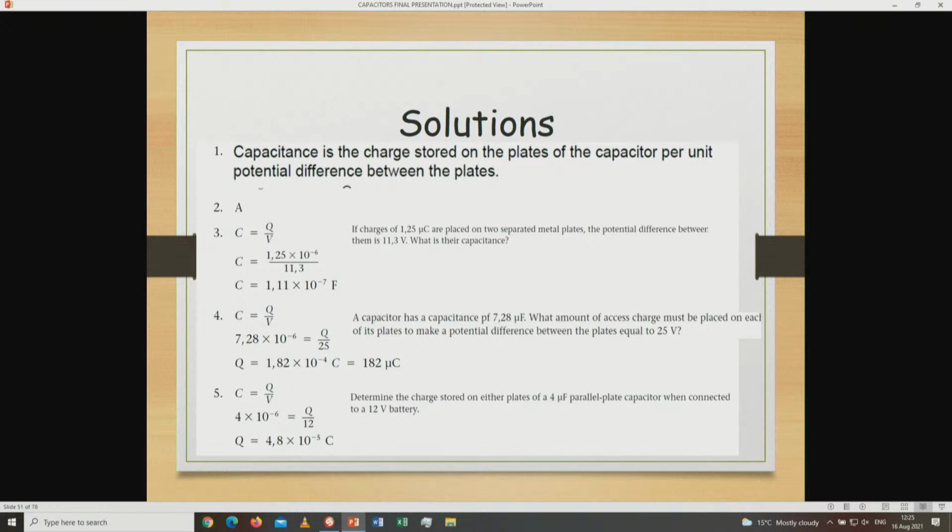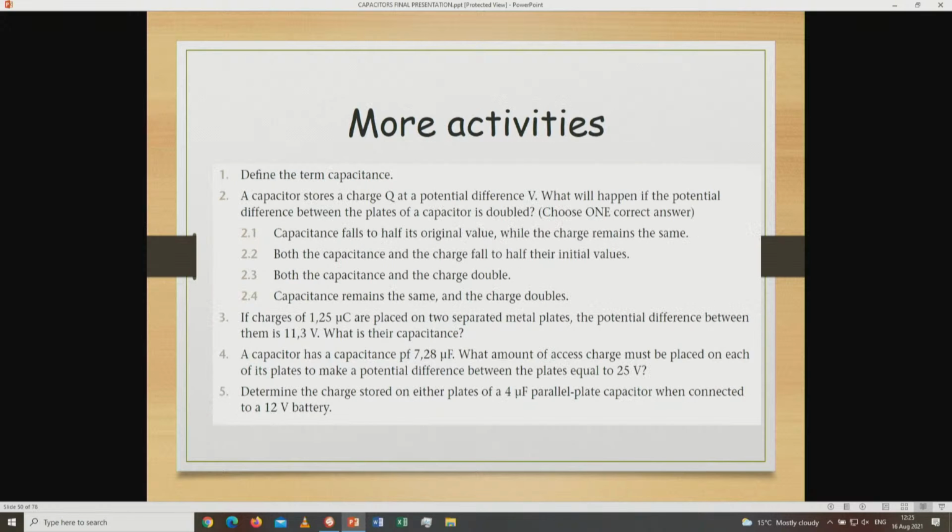Now let's look at question number 4. A capacitor has a capacitance of 7.28 microfarad. What amount of excess charge must be placed on a plate to make the potential difference between the plates equal to 225 volts?